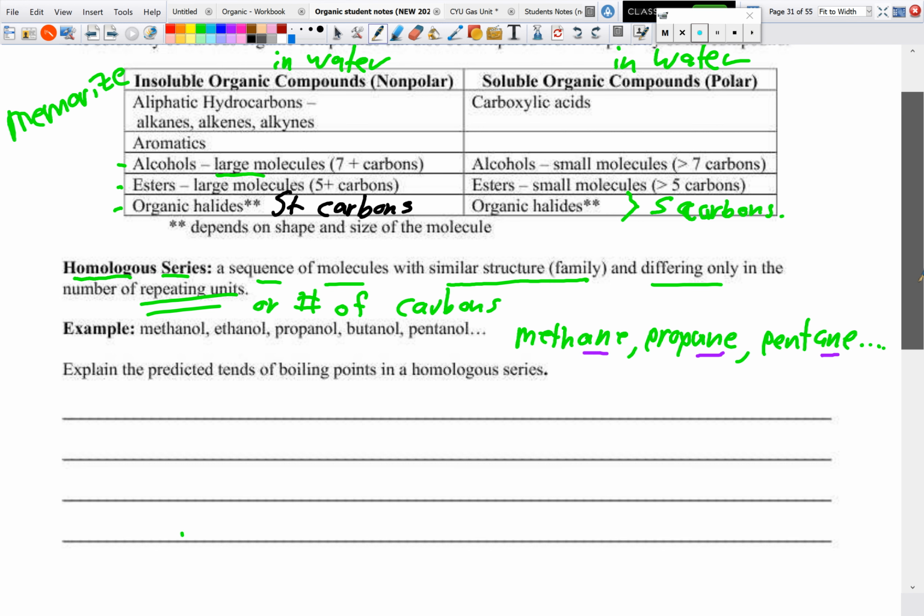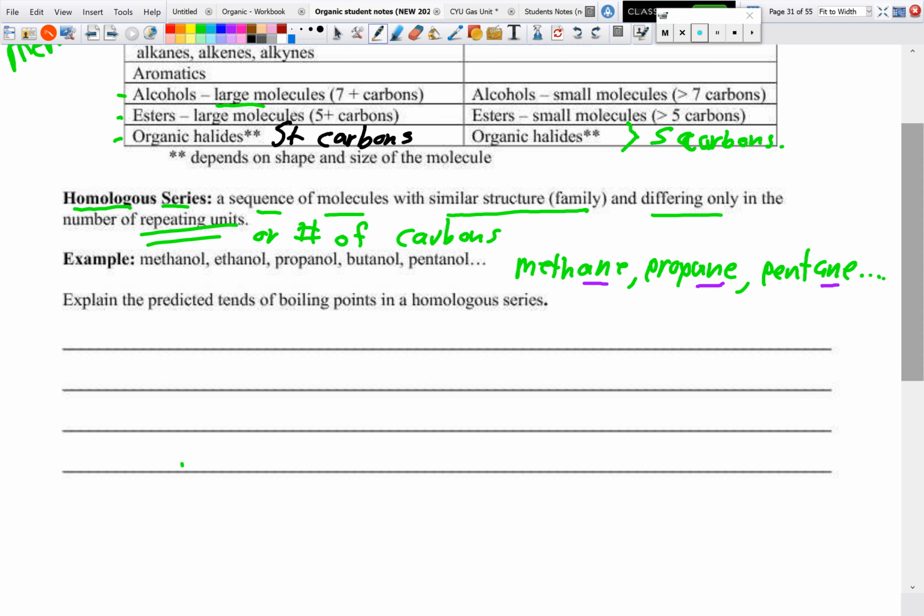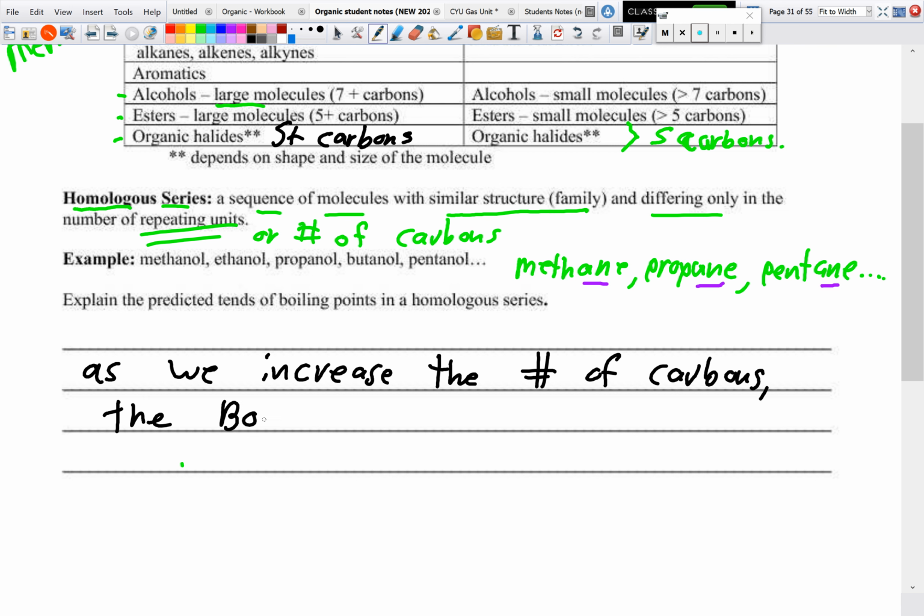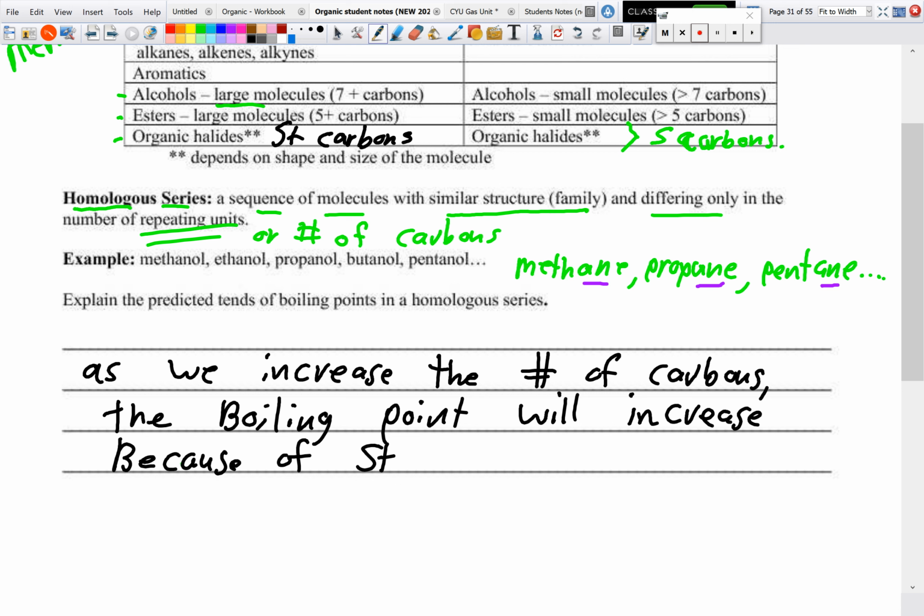Now, as for this one right here, explain the predicted trends in boiling points in a homologous series. Of course, in a homologous series we're increasing the number of carbons. So as we increase the number of carbons, the boiling point will increase because of stronger London dispersion forces.